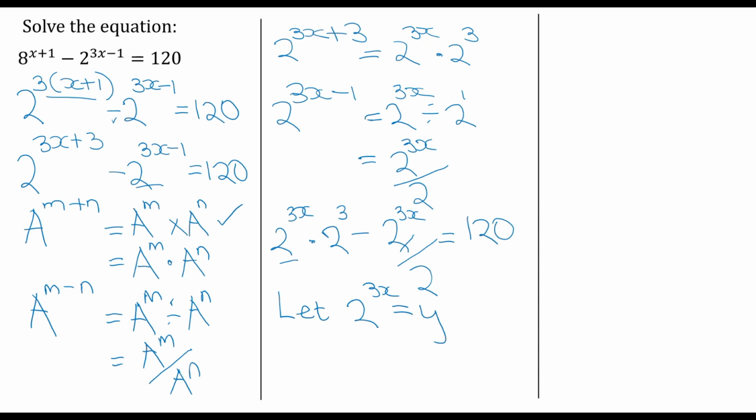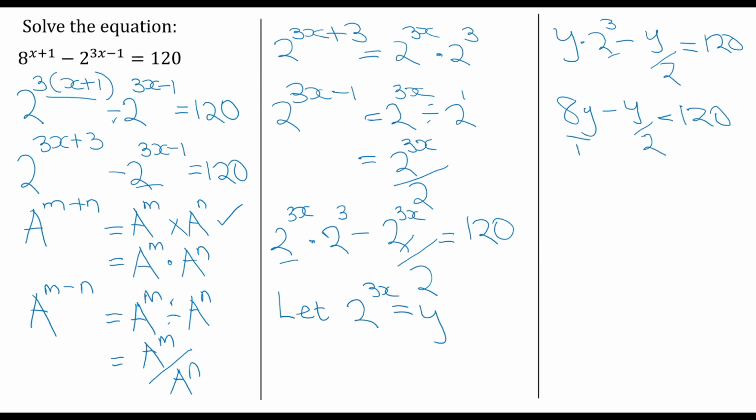So what you have is y multiplied by 2 cubed minus y over 2 is equal to 120. 2 cubed is 8, so you have 8y minus y over 2 is equal to 120.